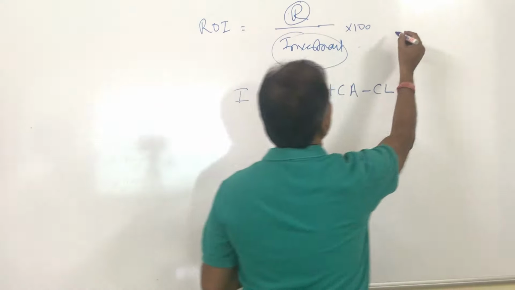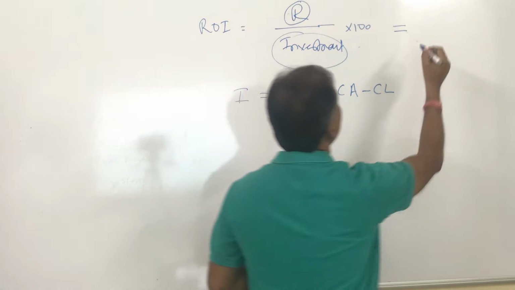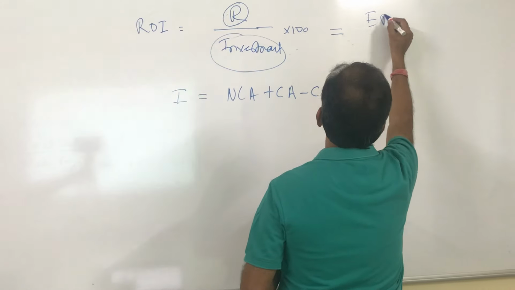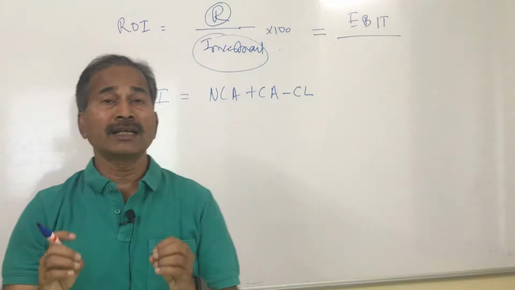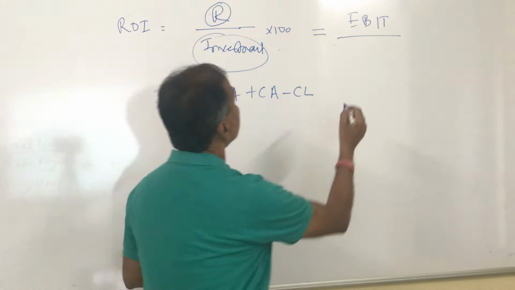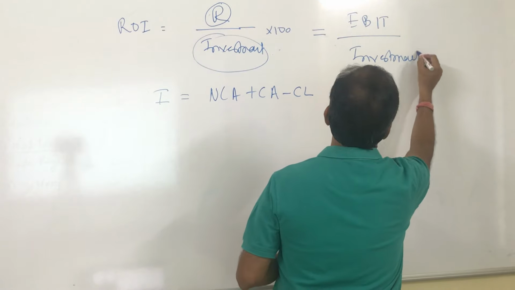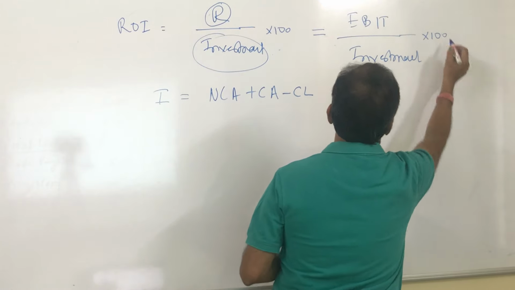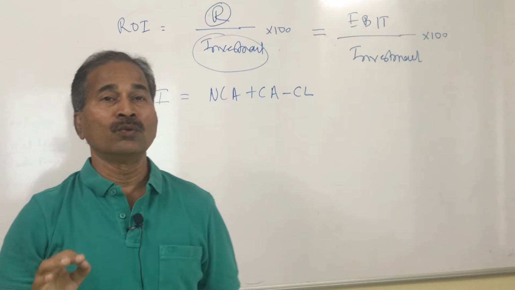When you have to calculate the figure of return on investment, please remember what you will have to take in the numerator is nothing else but EBIT, earning before interest and tax. Divide this figure by the amount of investment. I've explained to you what is the investment. Multiply this with 100 and this will give you your return on investment.